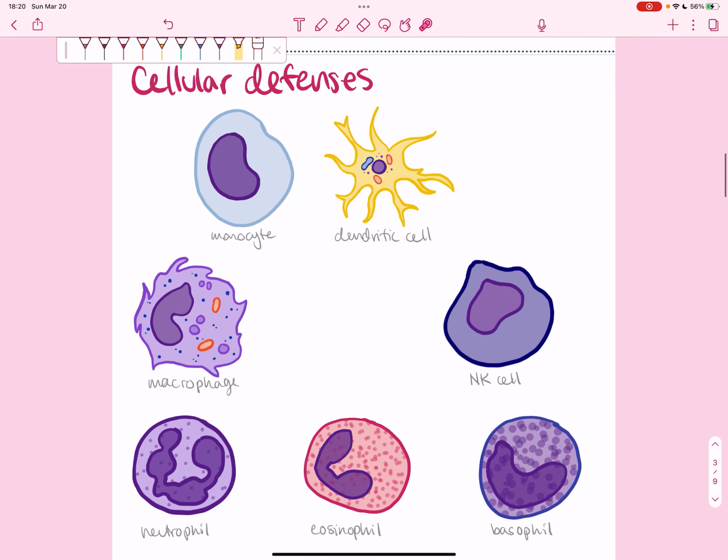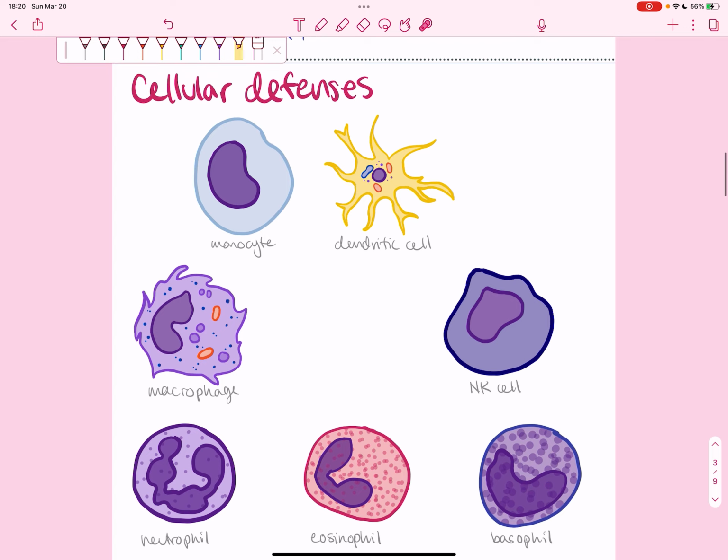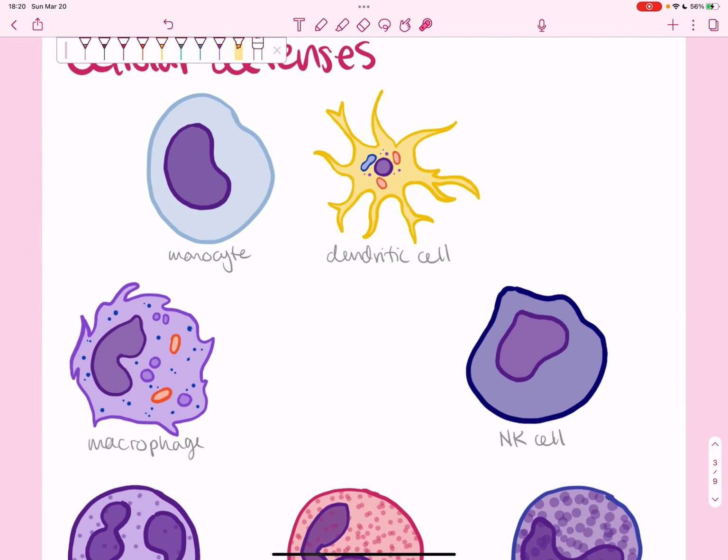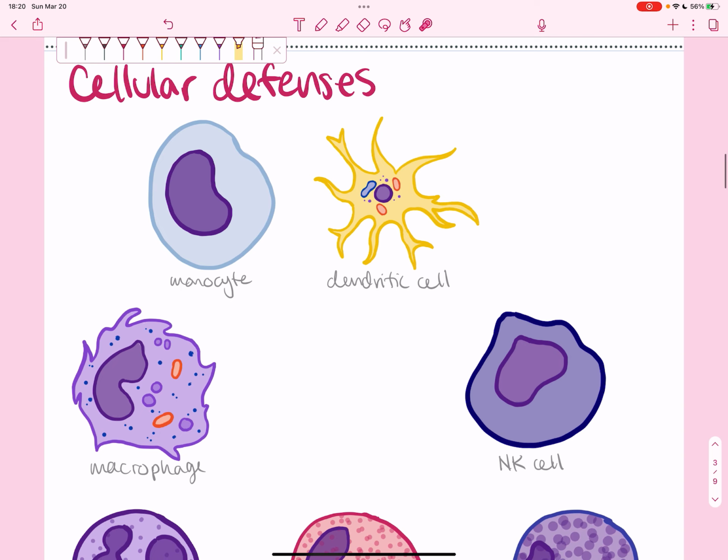Okay, now here are the cellular defenses of the immune system, and we'll go through these one by one. So, you have monocytes. Monocytes are phagocytic cells that can differentiate, as we said earlier in our diagram, to dendritic cells or macrophages.